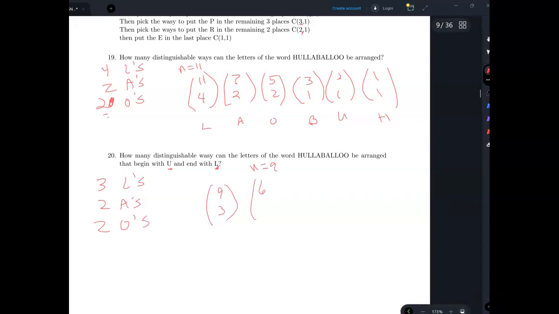Then I have 6 left to choose from, and then I'm going to choose the A's, so I pick 2 from the 6. Then I've got 4 left to choose from, and here's the O's. I'm going to pick 2 from that, so I have 2 left to choose from. Picking 1 for the B, and then 1 for the H.